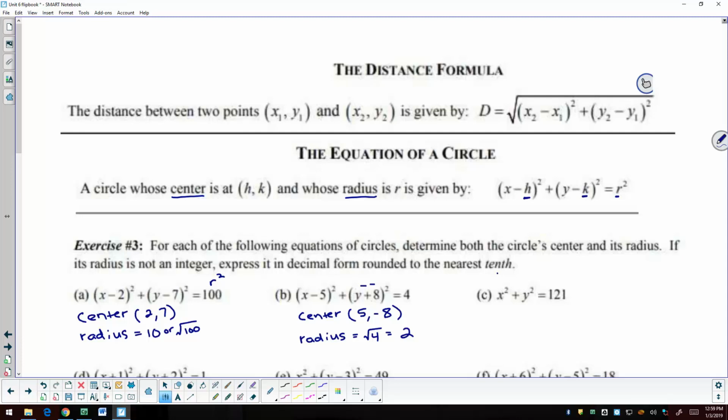Well, technically, this can be thought of as x minus 0 squared, and y minus 0 squared equals 121. So if there is no number and no parentheses with either variable, technically it's 0. So the center for this one is at 0, 0. The radius is the square root because it's equal to r squared. So to unsquare, you take the square root of 121, which is 11.